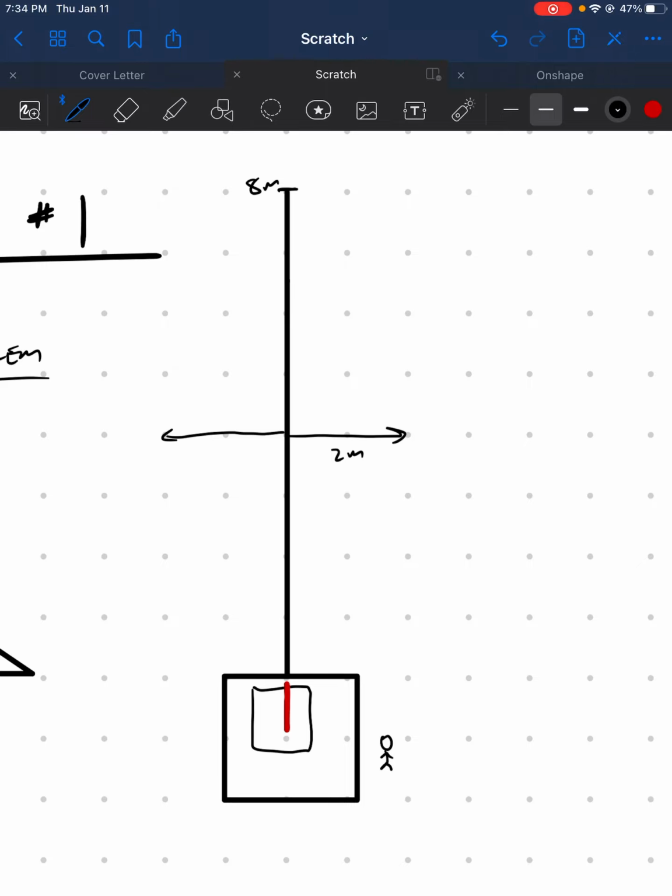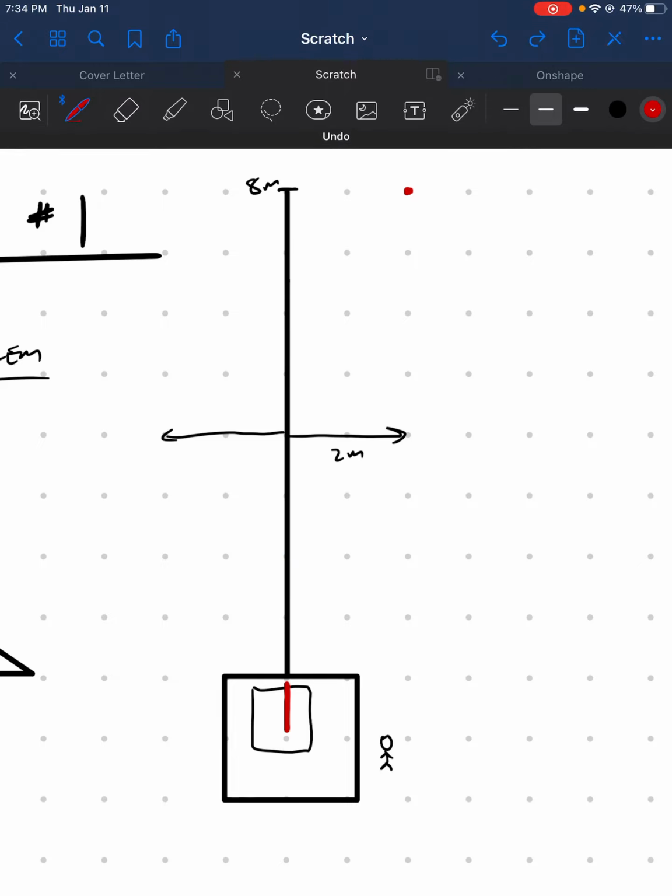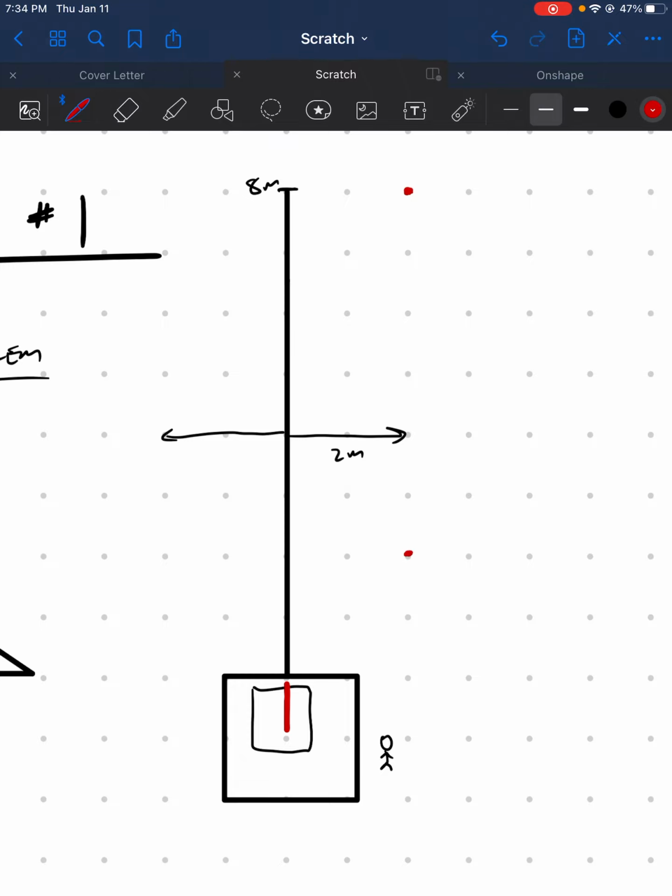So that means, right, your target could be as far as this. It could be as close as this, but it could also be like here, right? Something like this.